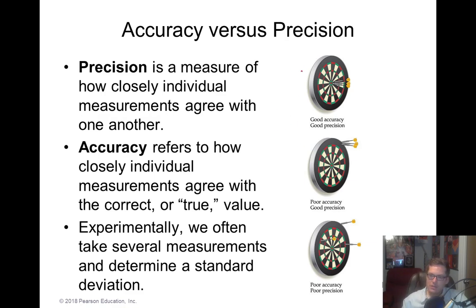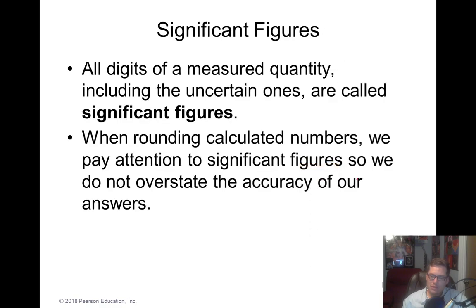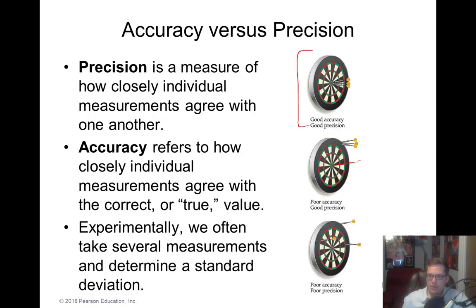We can learn this by picturing it in regards to a target. Because they hit the bullseye each time, this one has good accuracy and good precision. This one has poor accuracy. They didn't get anywhere close to the target. This is kind of like my bathroom scale. They didn't get anywhere close to the bullseye, and the darts are over here, but they're all close together, so it has good precision.